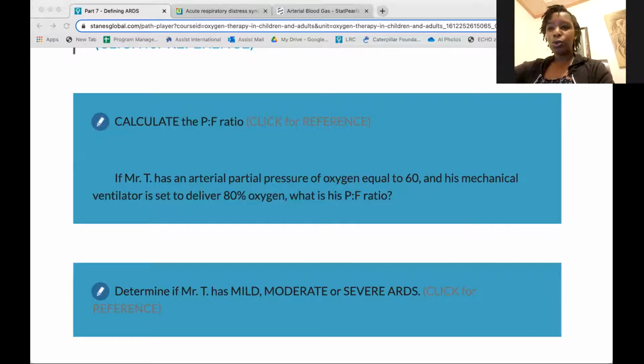I'll just allow you to calculate so that you can know, even at a glance, how we measure this. So I'll kindly ask you to participate in the chat box. Just give me the figure. What do you think his PF ratio is? P being the partial pressure of oxygen, and F being the FiO2 that the patient is getting. Kindly put your answers in the chat box.